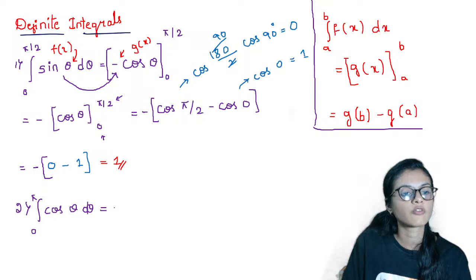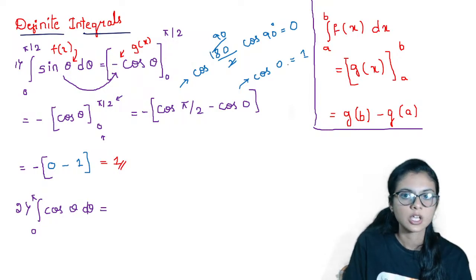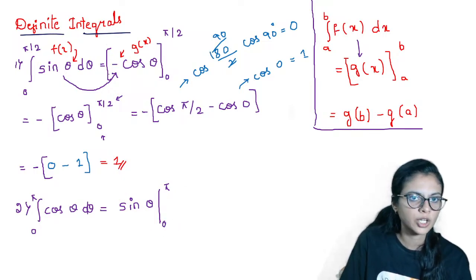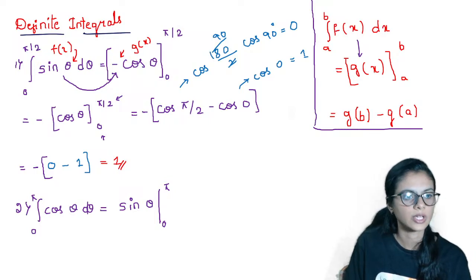Integration of cos theta, this is our f of x. We are integrating f of x to get g of x. Integrating cos theta, we will get sine theta. And for the limits, you can just put a line with pi and 0. If you write it in this format, it's right. If you put a bracket and write it, it's also right.